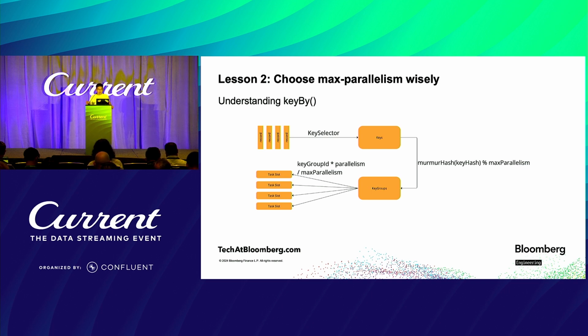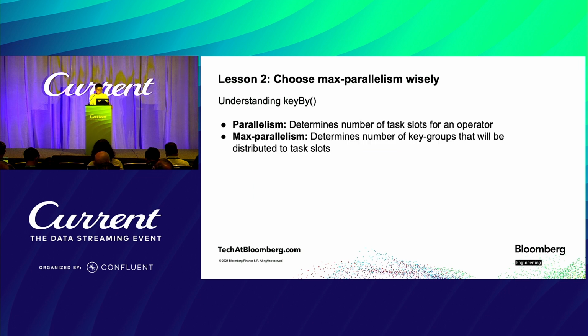So this is the end-to-end process of how records are assigned to different task slots when keyBys are executed in our application. The takeaway is that first, our configured parallelism determines the number of task slots we have for an operator. And second, the configured max parallelism determines the number of key groups that will be distributed to the task slots we have.